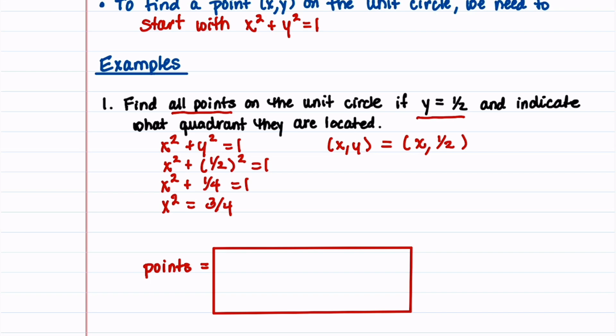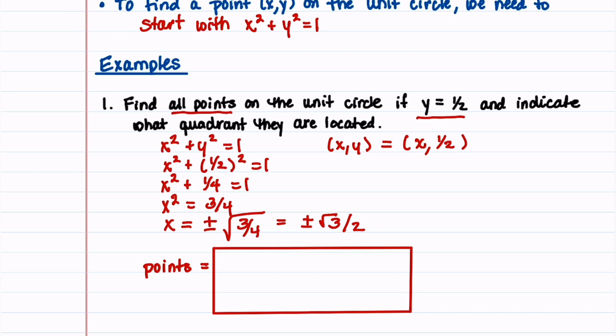Now we're going to take the square root. When we take the square root, we have to be really careful because we want to pick up both the positive square root and the negative square root. So x is plus or minus the square root of 3/4, which is plus or minus the square root of 3 over 2.